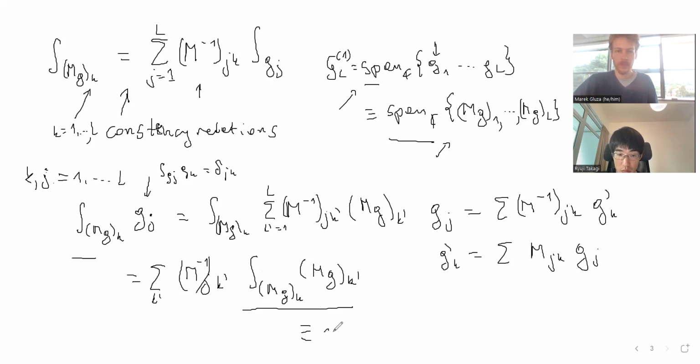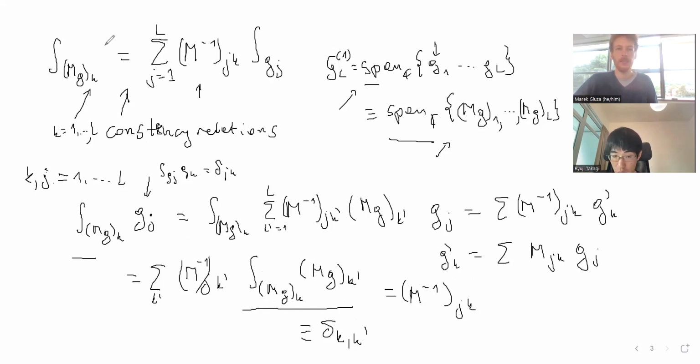So we want to define this to be the Kronecker delta of kk prime, yeah? And if I do this, then what I get for this integral is that it's not a summation anymore. I get directly m minus 1, and the summation over k prime becomes k. So I get j k, yeah?